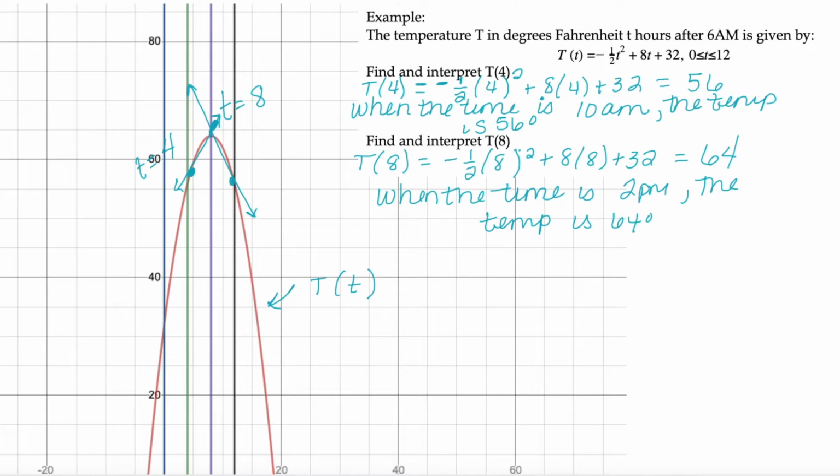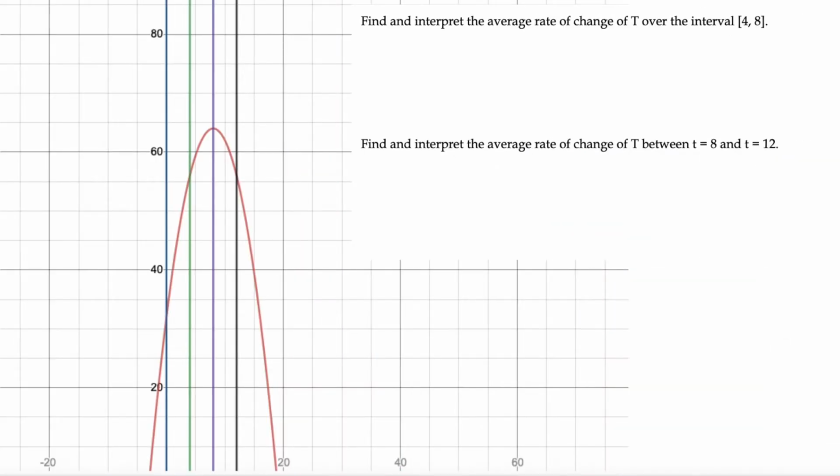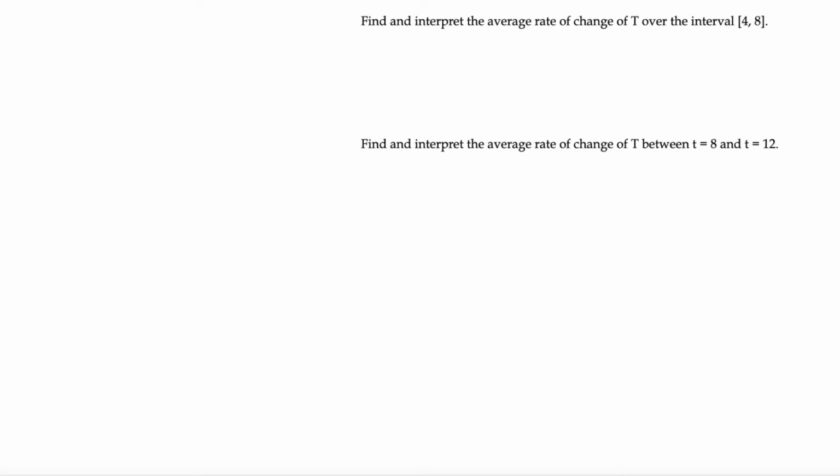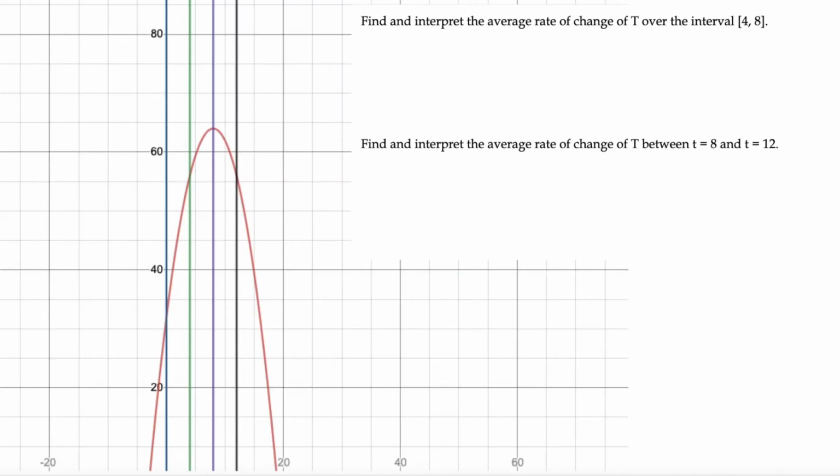We'll take this one step further now that we evaluated. Now it says find and interpret the average rate of change of the temperature over those 4 specific hours, between 4 hours after 6 a.m. and 8 hours after 6 a.m. Again, I still have my same graph. I'm using Desmos to help me verify some of this information.